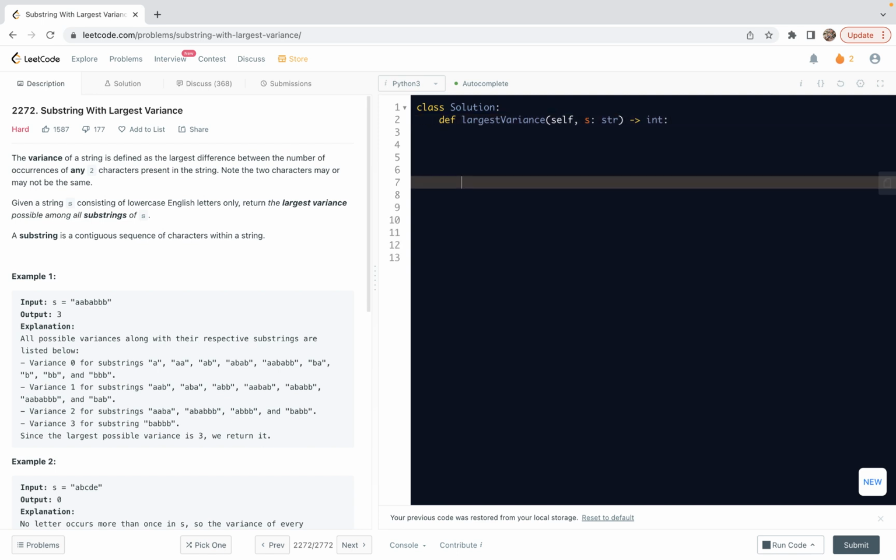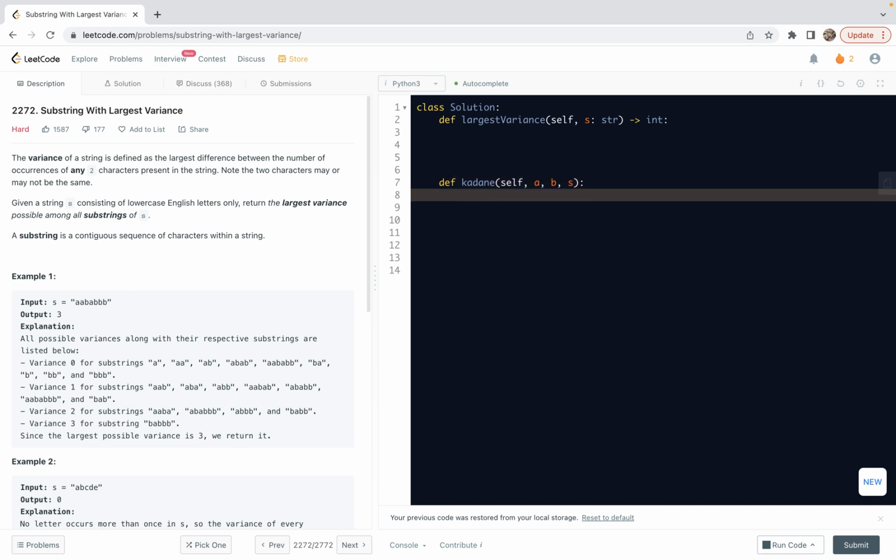First, I'm going to write a utility function, which I'll call Kadane. It accepts 2 characters, A and B, and also accepts the string S. We want to return an integer.